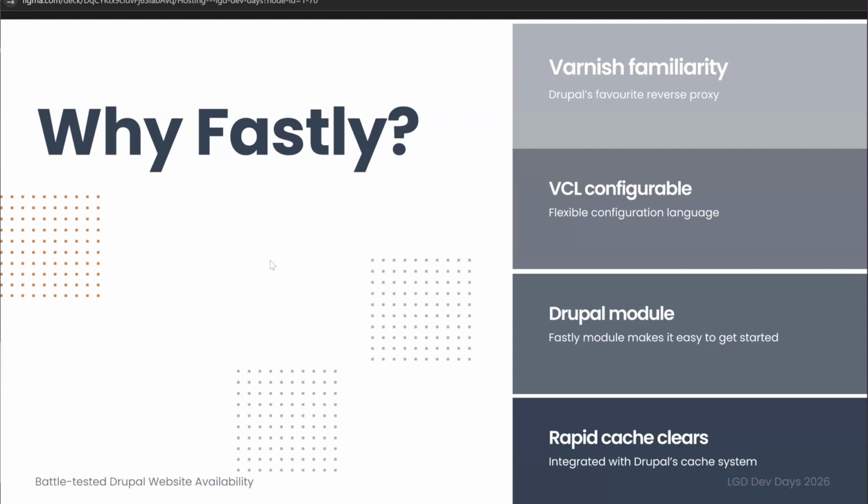So it has a Drupal module, which is good and sets everything up for you, basically. So this means it will go and configure your Fastly service to have the Drupal specific configuration in there, and also it will set up all of the required headers that Drupal needs to emit for the cache clearing system to work, and it hooks into Drupal's cache clearing system.